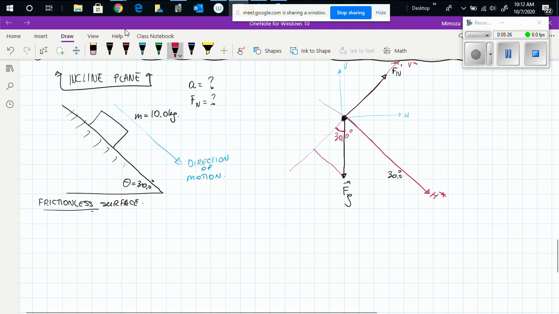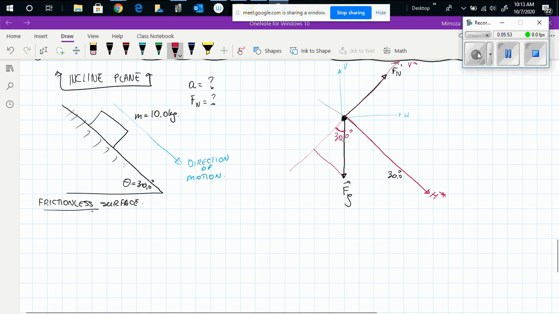On this way, instead of having 4 quantities to find, we are reducing the number of variables by just calculating, because we know what the force of gravity is, the new horizontal component and vertical component of the force of gravity.